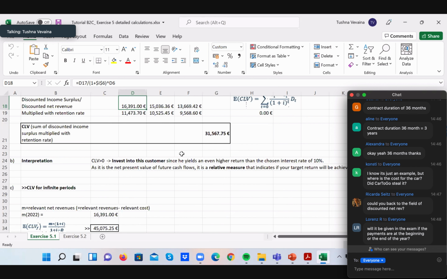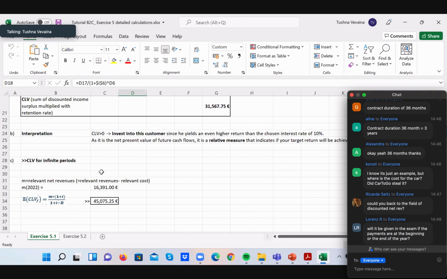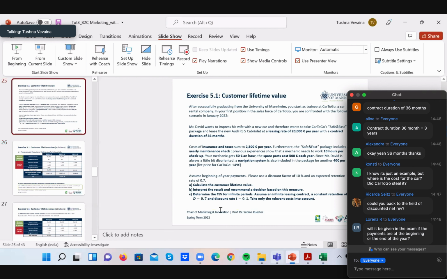We say this because your net present value of cash flows will help you to achieve the target return you want in the coming years. And that's why we invest in the customer. That's the interpretation.